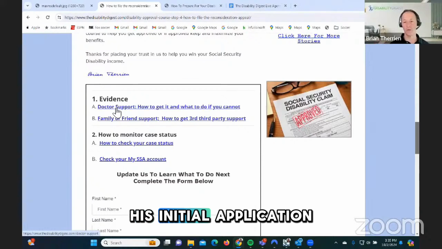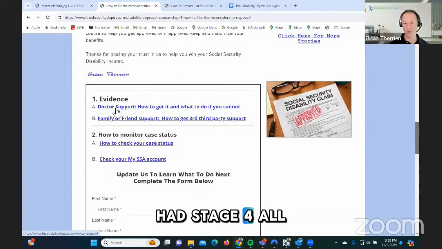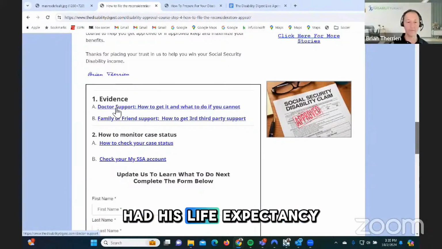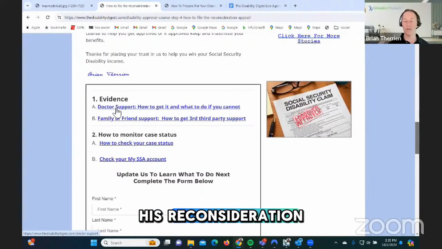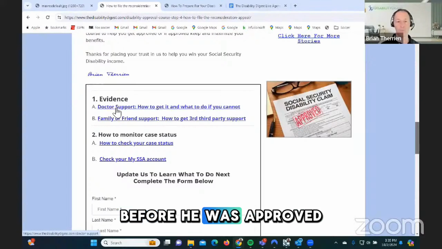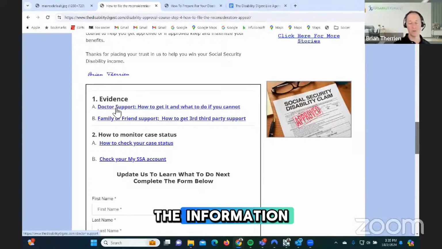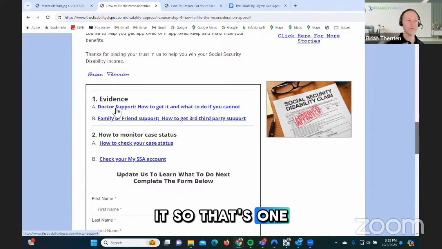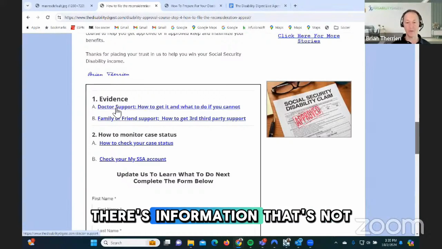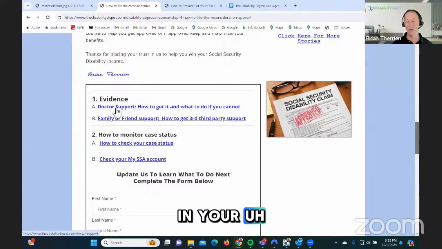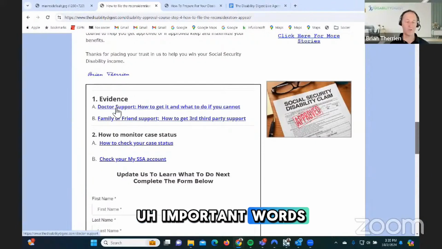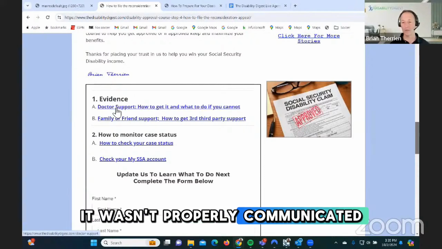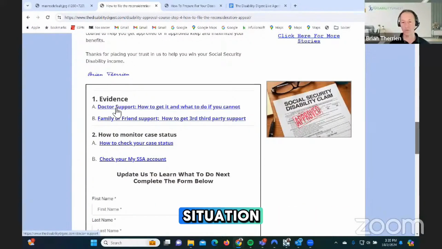He was denied at his initial application, had stage 4 all through the medical records, had his life expectancy in there. We worked on his reconsideration, and he passed away before he was approved. But they had the information, they just didn't get it. So that's one. Two is missing information. There's information that's not in your case file. Those are the two important ones. And the third is it wasn't properly communicated. And that's like with the John Green situation. So those are some of the whys.